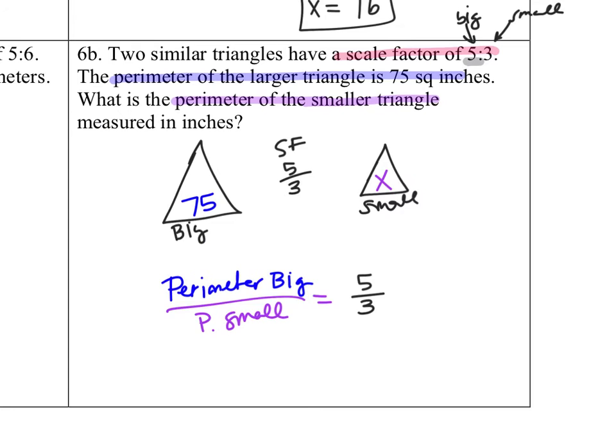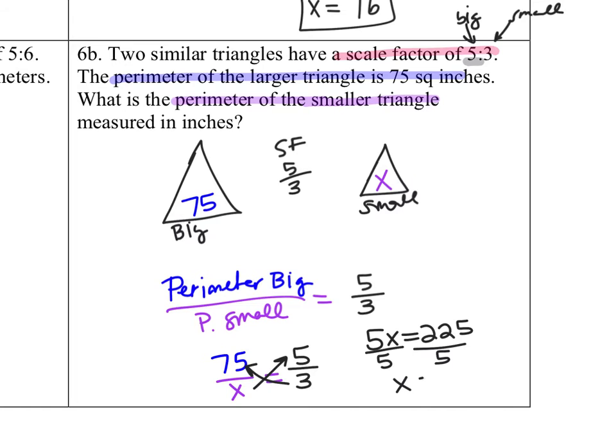So plug in your values. 75 over x equals 5/3. Cross multiply. You're going to get 5x equals 225. And then dividing by 5, we are left with x being a value of 45.